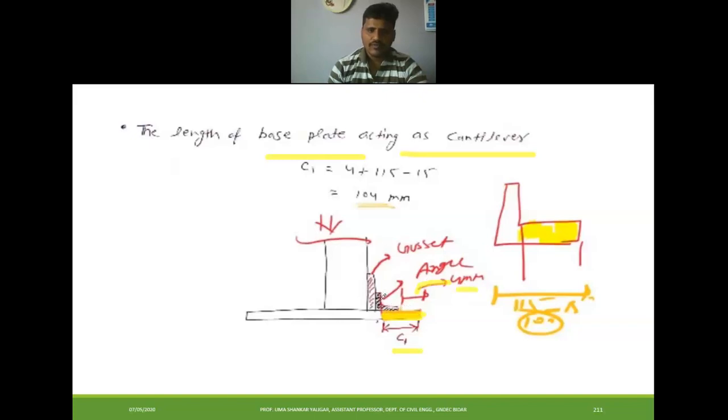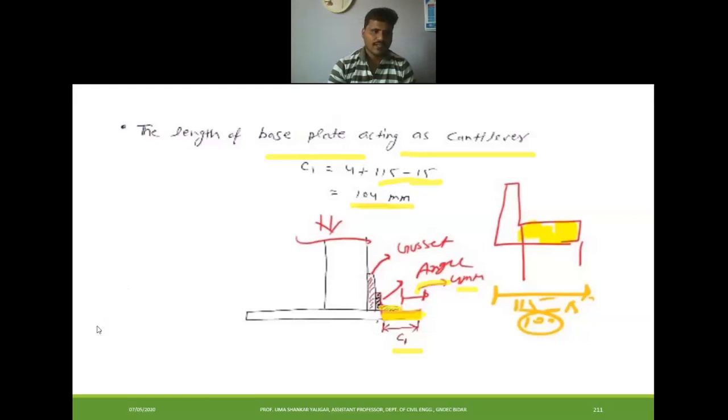In 115 I need to minus the thickness of the angle, which is 15. This 115 minus 15 gives from here to here, and here you need to add this projection, plus 4. This will give 104. This is C1.